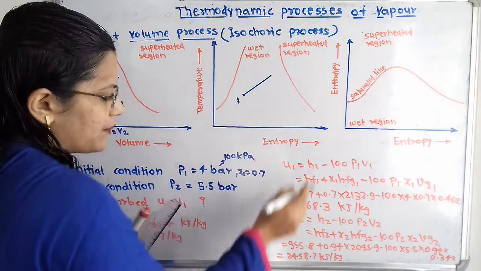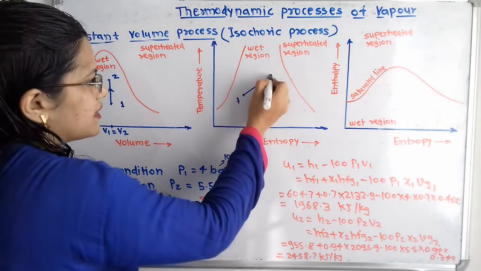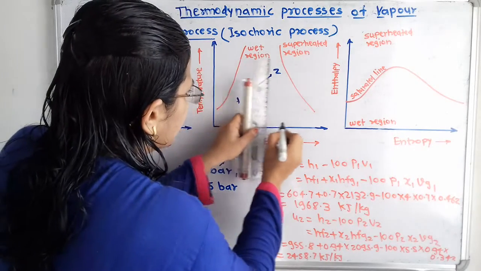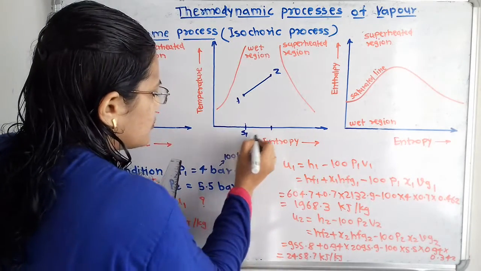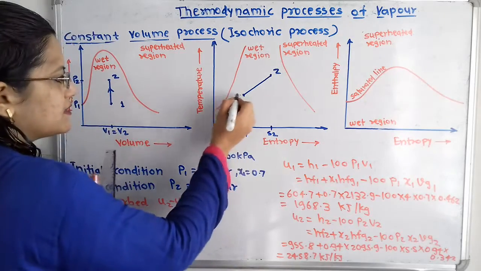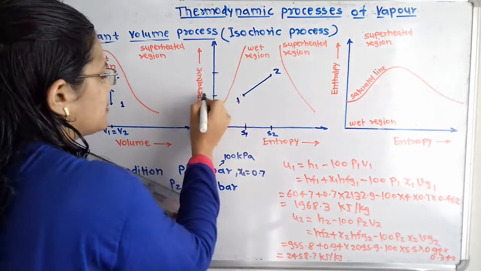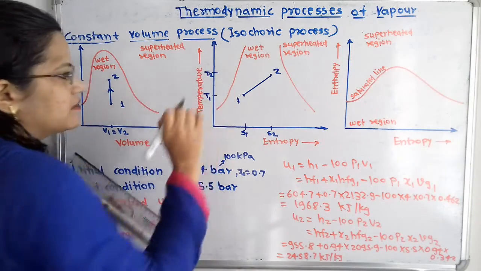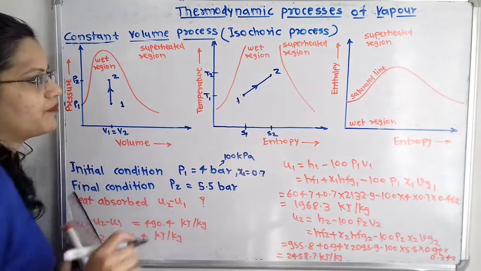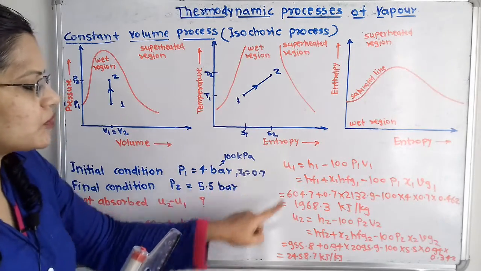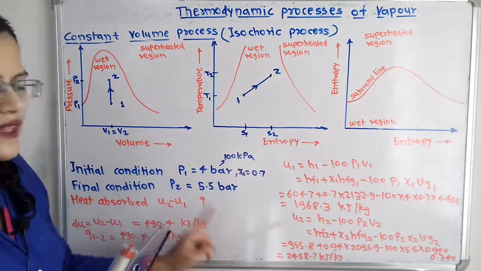Then heat is absorbed, that's why internal energy increases, and here we have S1 and S2, so entropy also increases, and here is T1 and T2, so temperature also increases. We have to show an arrow. We show points 1 and 2 in the wet region, because both have a dryness fraction.